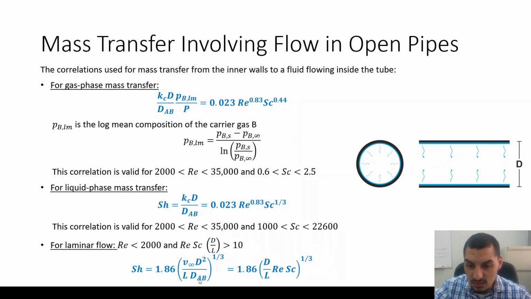In this case, we can use this correlation or this correlation. They are both the same thing. Either you can use Reynolds multiplied by Schmidt multiplied by D over L, or if you expand Reynolds Schmidt number, then you can reach this form. It's V infinity D square over L DAB. This is power 1 over 3, of course. So these are the correlations that we use for flow inside pipes.